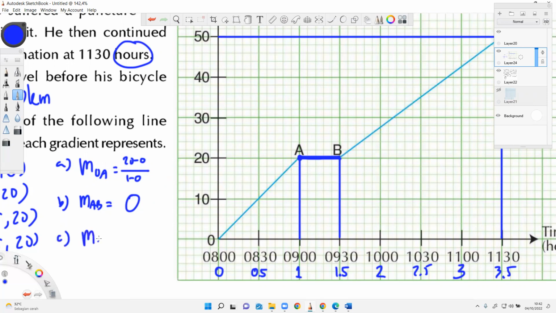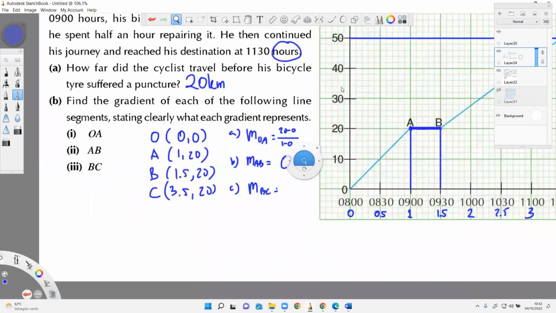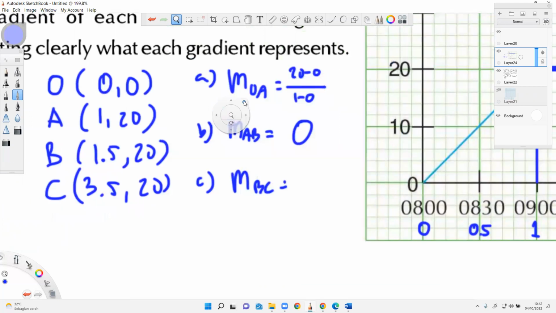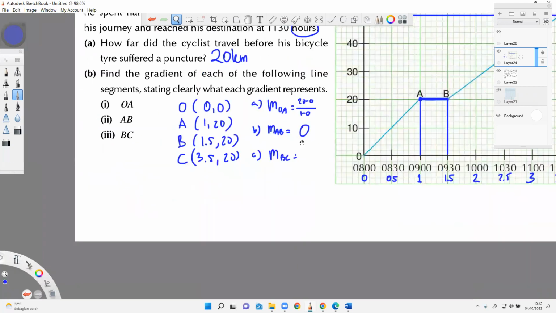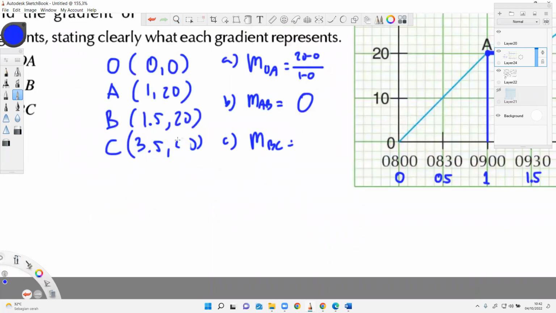The gradient of BC is a slant line, so you have to use the formula. What is MBC, guys? Wait, this is wrong, not 20, it's 50 for C. So 50 subtract 20 over 3.5 minus 1.5.